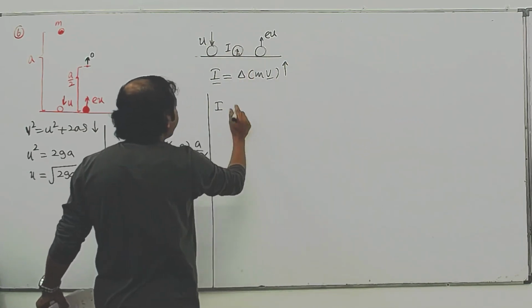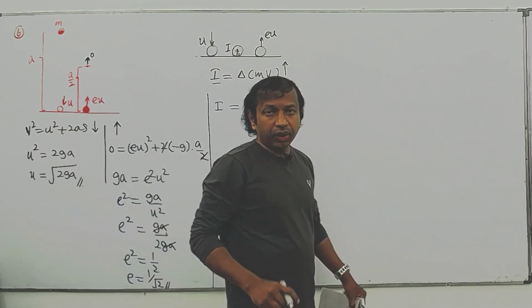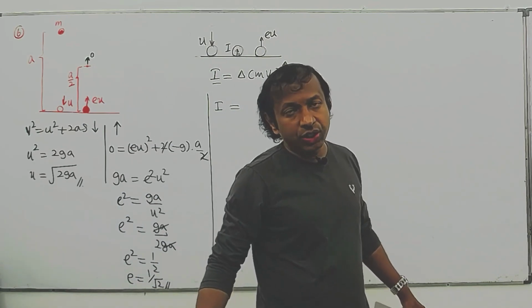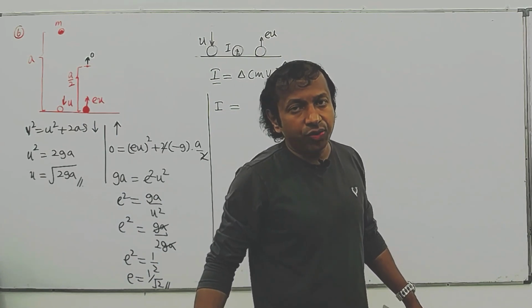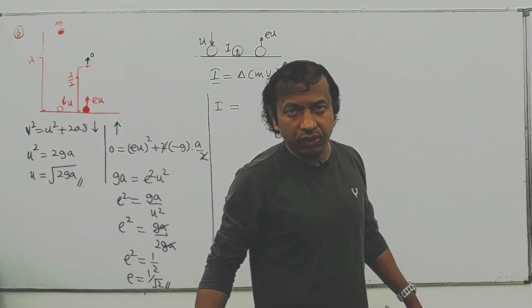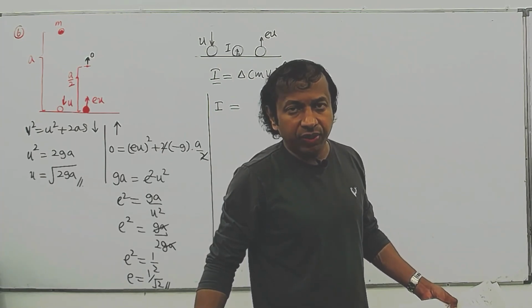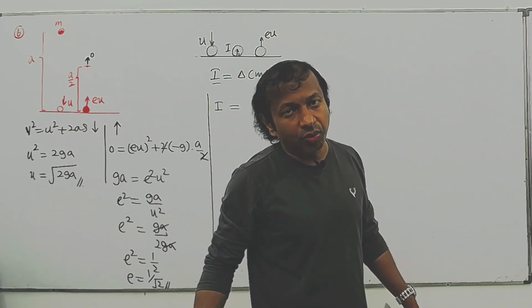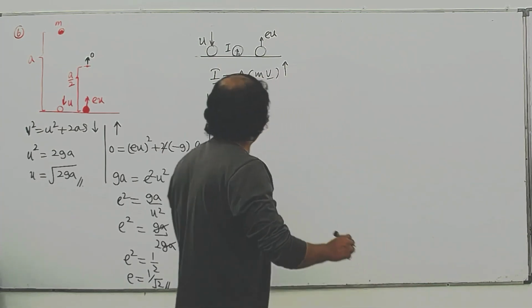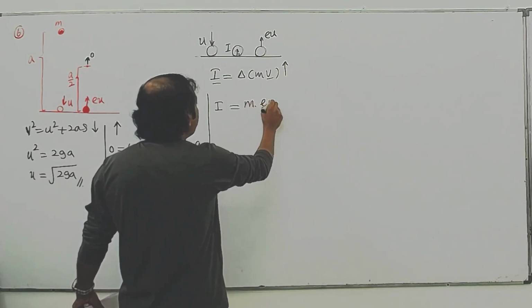Therefore I is positive. Delta mv means change in momentum, and change is final minus initial. Final means the momentum after impact, initial means the momentum before impact. After impact, m is the mass and velocity is eu.